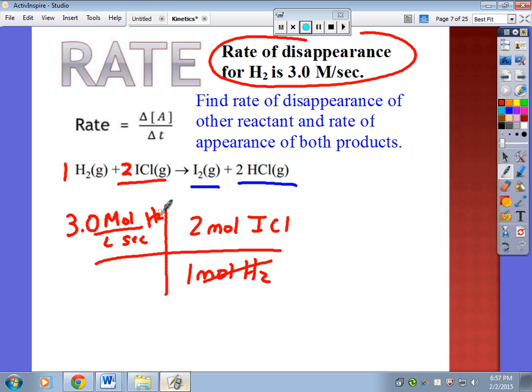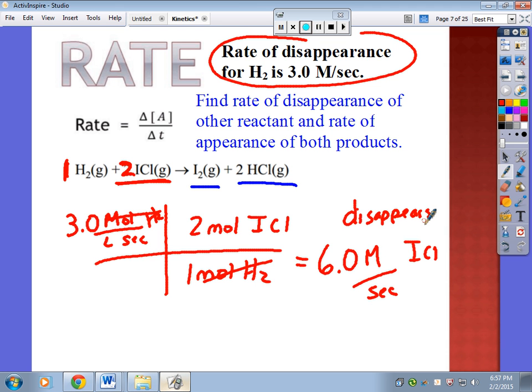Look what happens. My moles of hydrogen cancel. I'm left with moles of ICl. And it makes sense that it is disappearing at a rate of 6 molarity per second. Because of what reason? This is going away twice as fast as this is. So it's disappearing at a rate of 6.0 molarity per second for ICl.